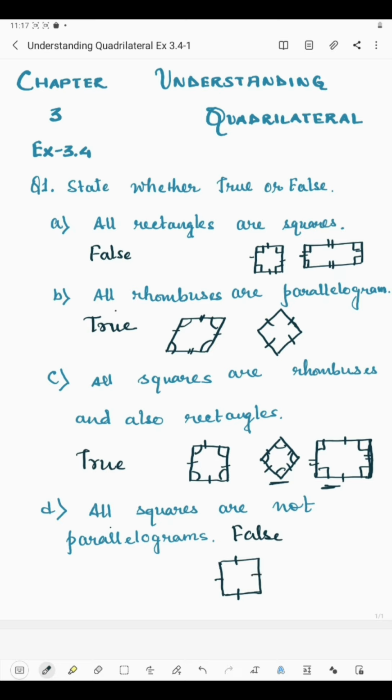The property of a parallelogram is that opposite sides are equal and parallel, and opposite angles are also equal. And in case of a square, see, this is having 90 degrees and this is also having 90 degrees. So opposite angles are also equal in a square. So this statement is false. Okay, now coming to next.